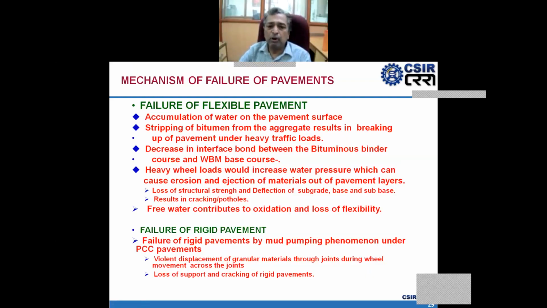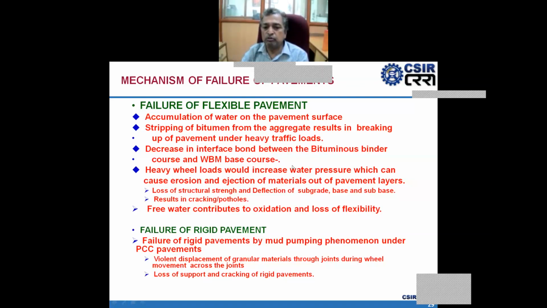So flexible pavement failures due to improper drainage may be due to accumulation of water on the pavement surface. Stripping of bitumen from the aggregate results in breaking up of the pavement under heavy loads, and a decrease in the interface bond between the bituminous binder course and the WMM base course.